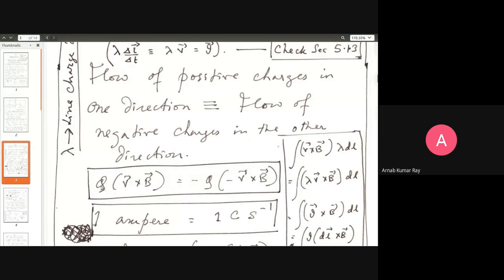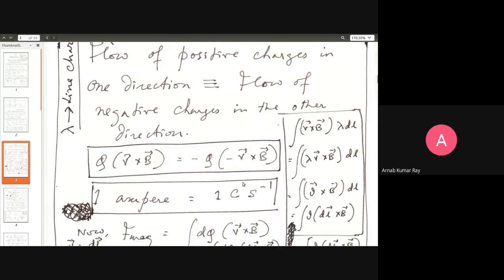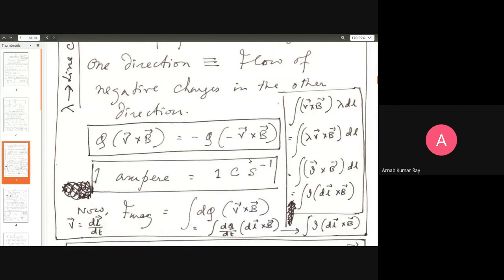So let's say a positive charge is going in a certain direction with a velocity V. If I treat that as the flow of negative charges in the other direction, then Q will go to minus Q and V will go to minus V. But the two minuses will cancel each other and you'll continue to have a plus. So Q into V cross B will continue to be this. So that is the other feature.